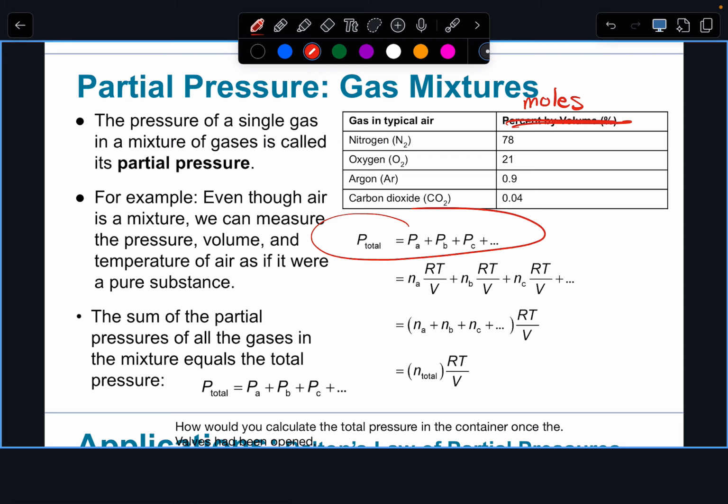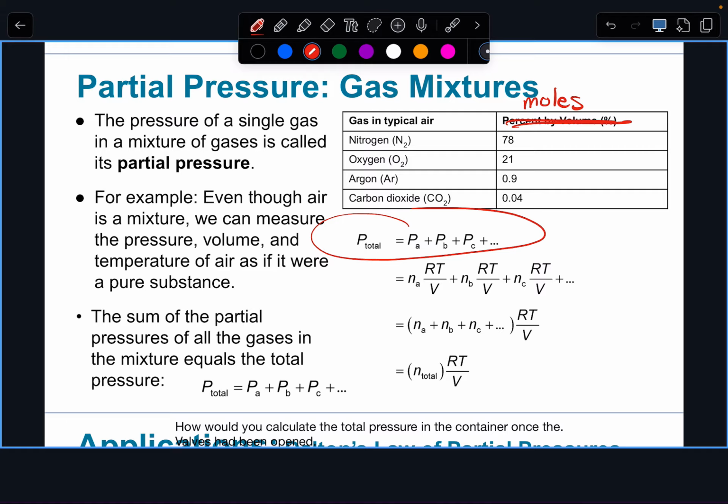If I'm talking about like the classroom, let's close the door and say this is our volume of the classroom, and it's got oxygen and nitrogen and argon and CO2 in it, and I close the door, that's a given volume, okay? Every single gas is going to behave like that volume. Same thing with the temperature. Each gas doesn't have its own temperature. They all have the same temperature as whatever is in the room.